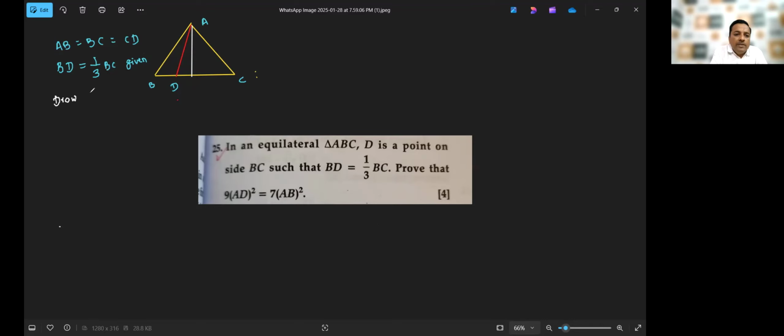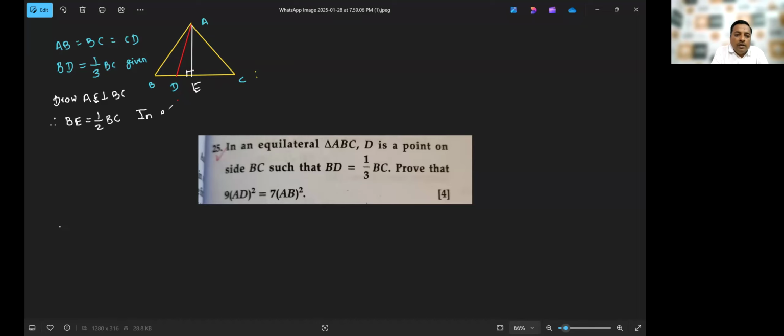इसको लेबलिंग करते हैं A, B, C, D. A perpendicular to BC. This AE is perpendicular to BC. So students, in equilateral triangle whatever the perpendicular drawn वो perpendicular ही median भी होती है. So therefore BE is equal to half of BC.